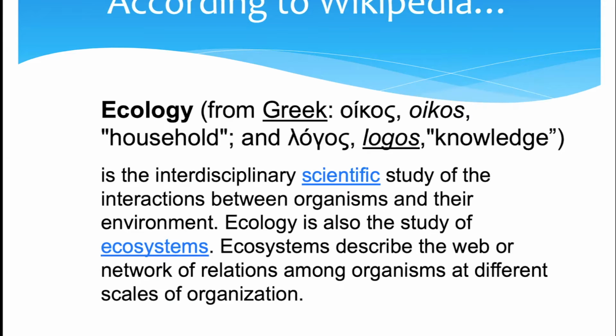You might know of Greek yogurt that goes by that name, but it's an interdisciplinary and scientific study of interactions between organisms and their environments, whether it's people in their environments or plants and animals in their environments. And ecology is also the study of ecosystems. Ecosystems describe the web or network of relations among organisms at different scales of organization, from micro to macro.